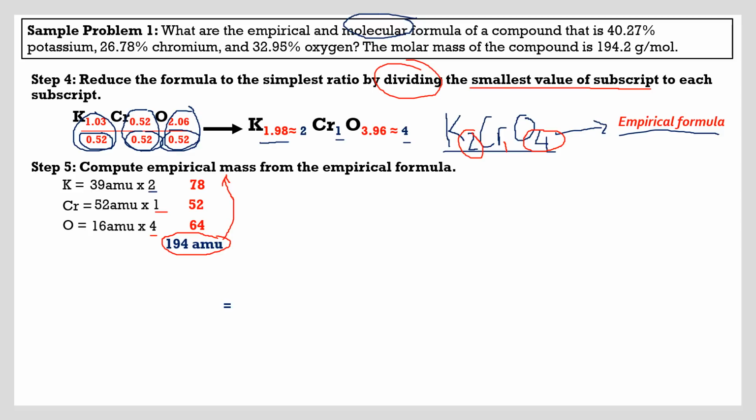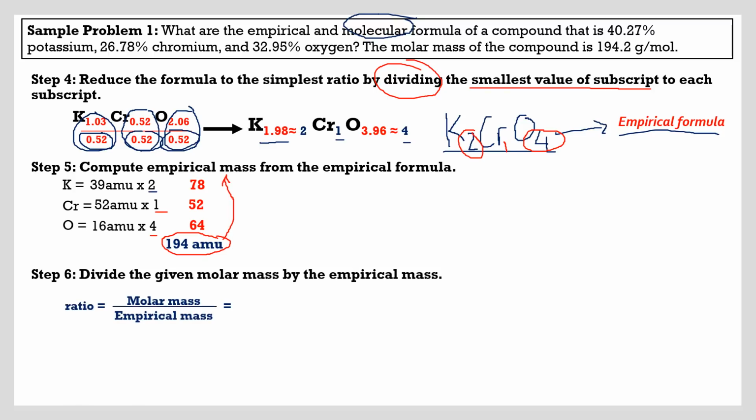Next, what is the use of this empirical mass? Now we are going to divide the given molar mass by the empirical mass. Why? On this sixth step, we are looking for a multiplier or a ratio for us to multiply to the empirical formula to get the molecular formula. So in step 6, we are computing for a ratio or a multiplier. Here is the formula. You just have to simply divide the molar mass by the empirical mass.